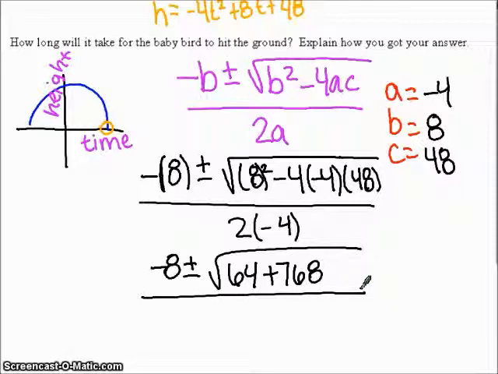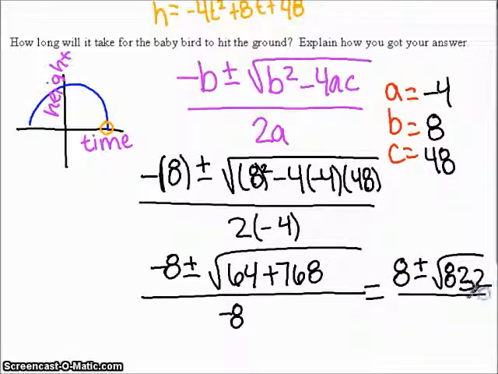Now our denominator is 2 times negative 4. That's negative 8. Okay? Then I'm going to simplify this one more time. So I know a negative divided by a negative is going to be a positive, so I'm just going to leave that negative alone. Now I have just 8 plus or minus the square root of 832 divided by 8. So now that that's simplified, the last thing I got to do is make two equations.